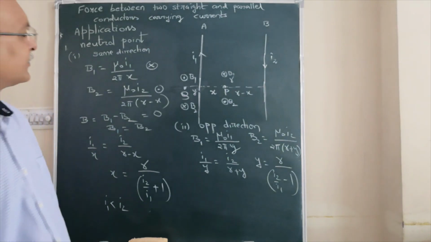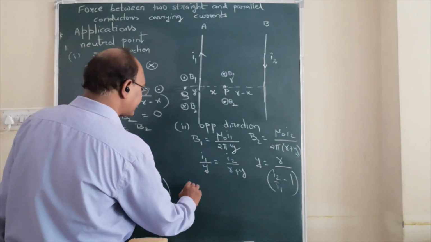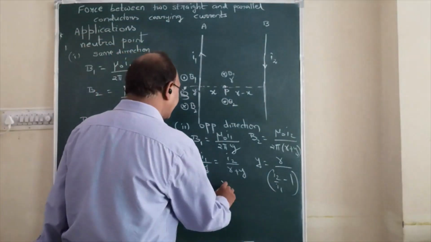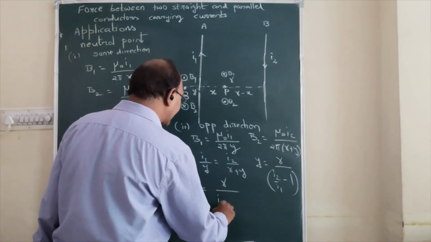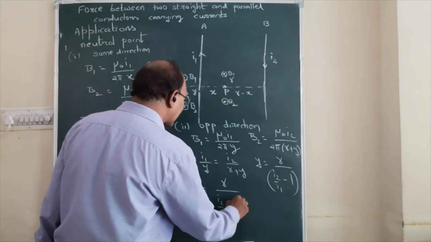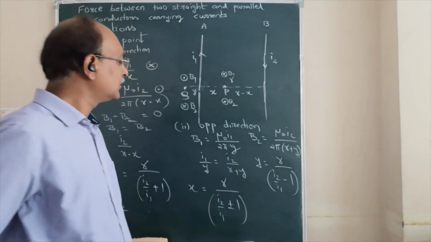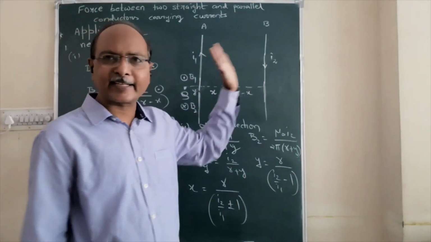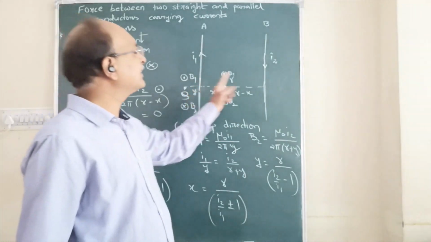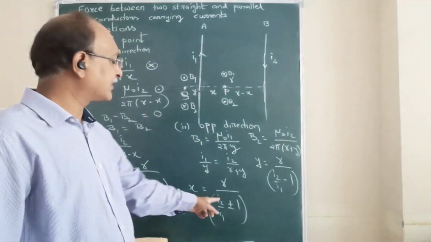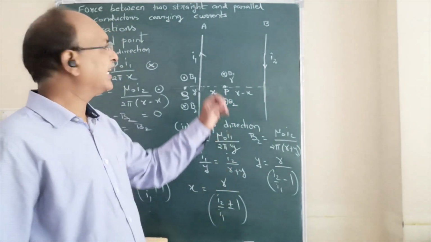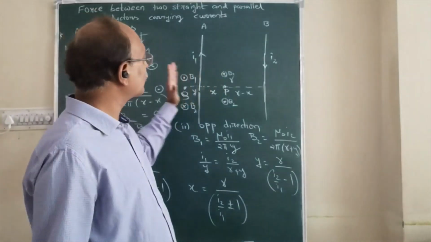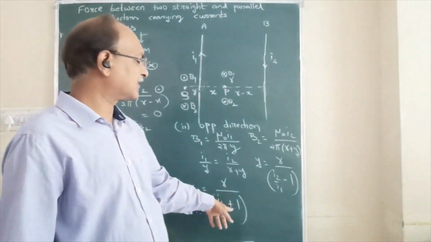So in general you can take x is equal to r by (I2 by I1 plus or minus 1). That is the general formula. If the currents are in the same direction, the neutral point will be in between, then you take the plus sign. When the currents are in opposite direction, the neutral point will be outside, then you take the minus sign.